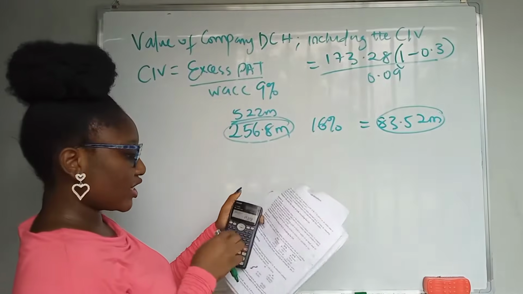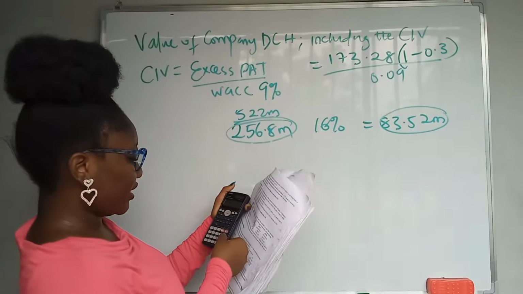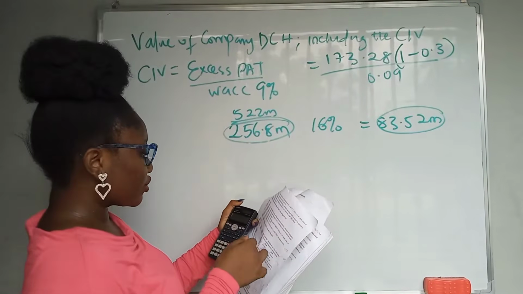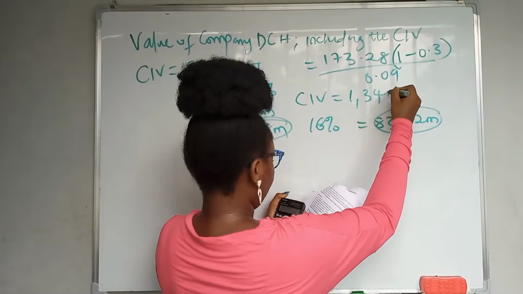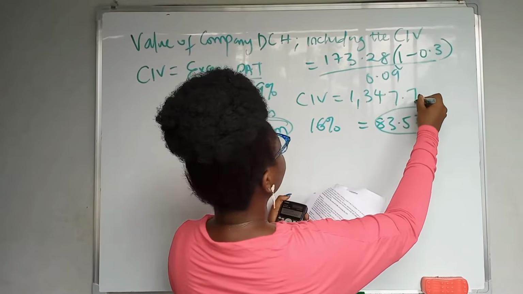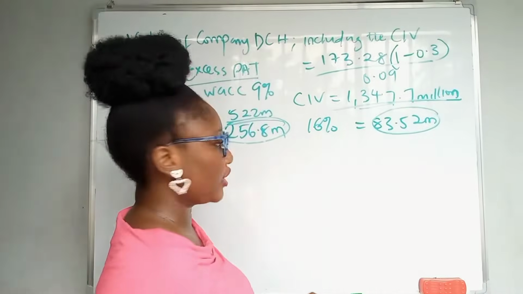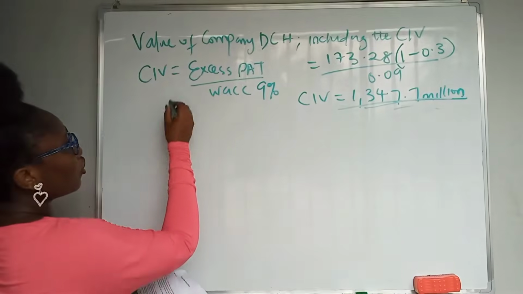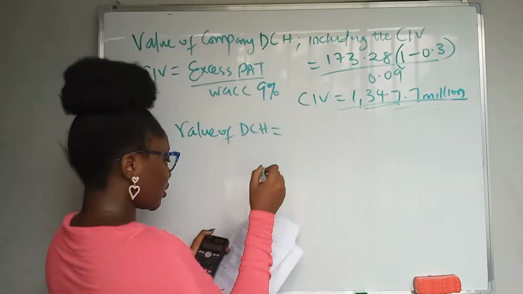So let's get the post-tax, times 0.7, then divided by 0.09. So we have our CIV to be equal to 1347.7 million. So this is your calculated intangible value. Now the total value of the company, what they ask you to calculate, value of DCH, will be your total assets.